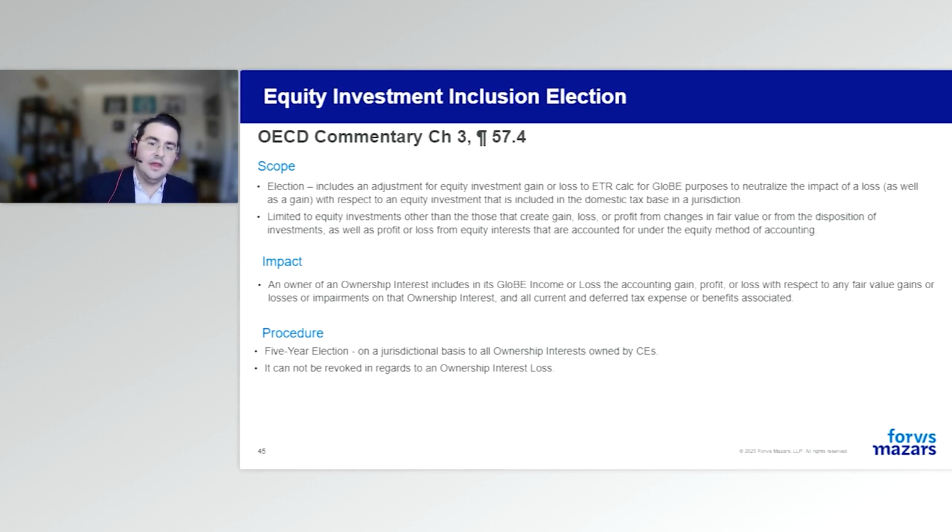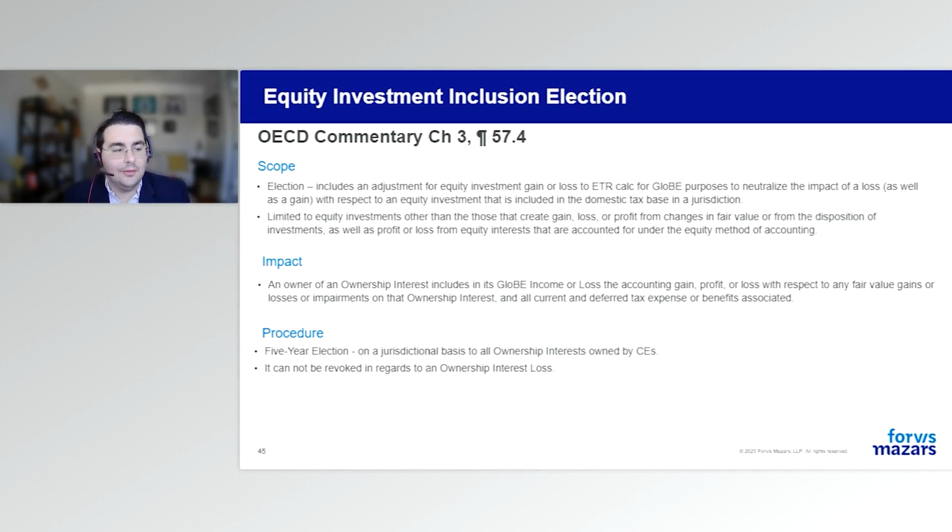Any gain on that. And any taxes on that. We're going to give an example how this works practically, but this election, we'll call it the EIIE election, allows you to, instead of excluding the equity gains or loss for GLoBE purposes, to actually include it, right?